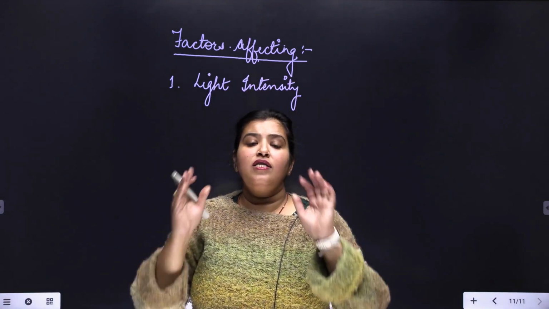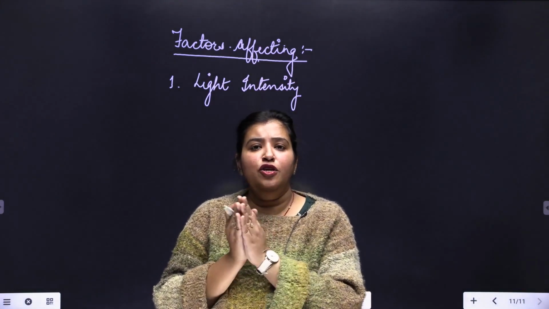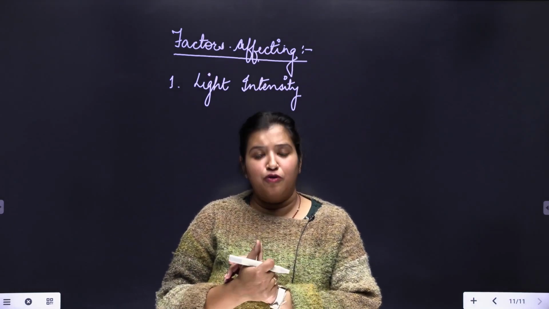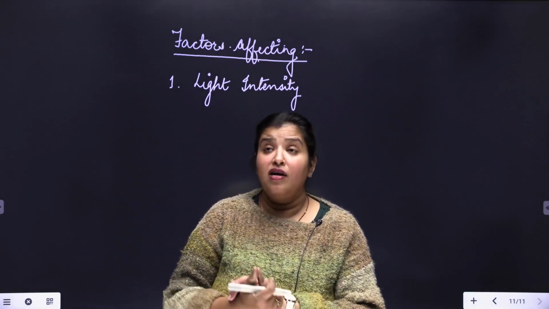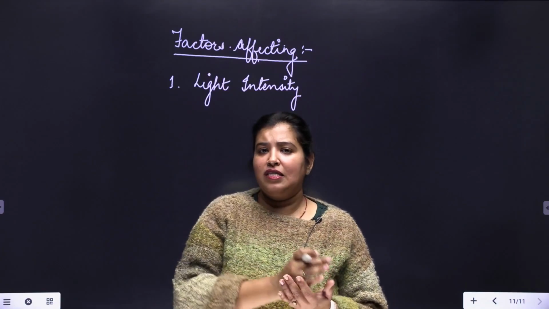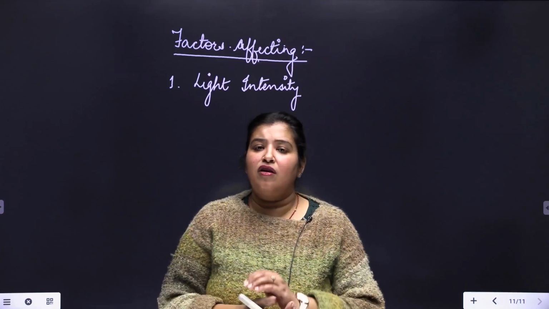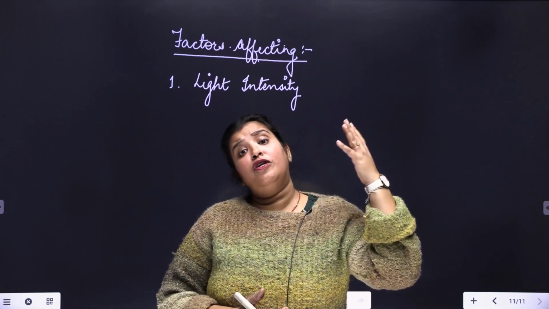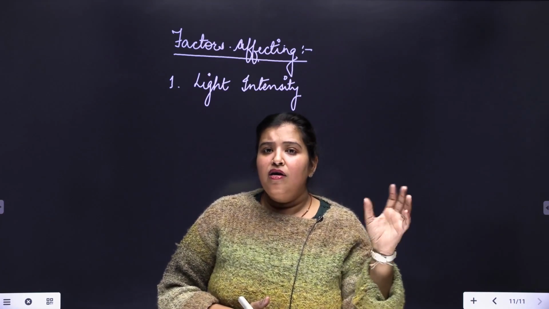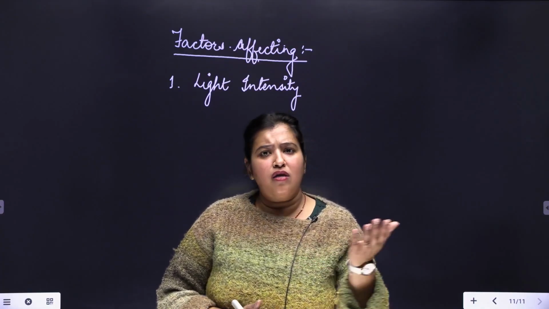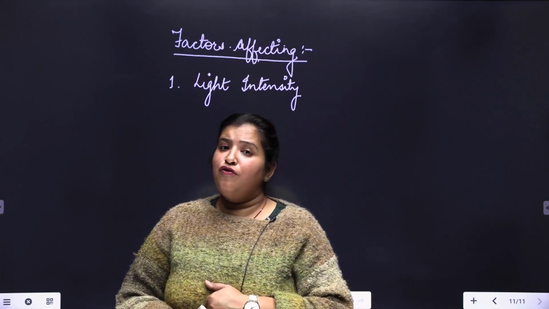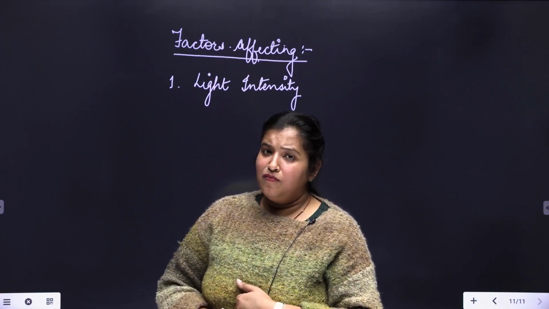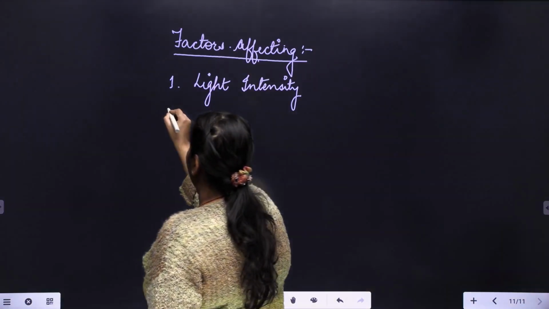Plants need a particular intensity of sunlight for which then only they can perform photosynthesis to their maximum. If it is a cloudy day, the intensity decreases. If it is a bright sunny day, the rate of photosynthesis might increase initially, but if the intensity increases beyond the required limit, which can happen during a hot summer day, the rate of photosynthesis is going to go down because of the degraded enzymes. The enzyme activity goes lower.